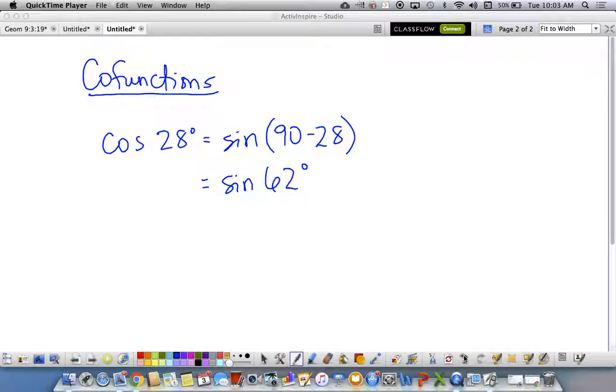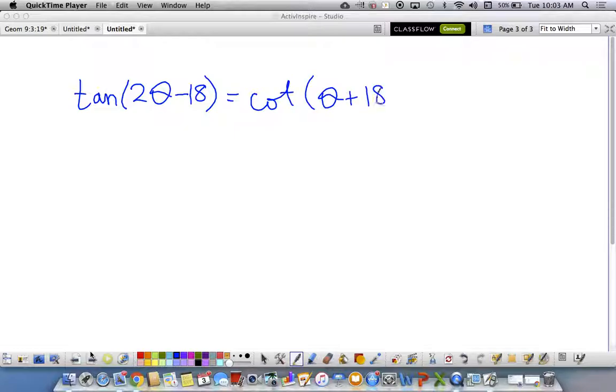Okay? So what happens if I give you something crazy, like tangent of 2 theta minus 18 equals cotangent of theta plus 18? Well, you just solve it. You're solving for theta. What is theta?